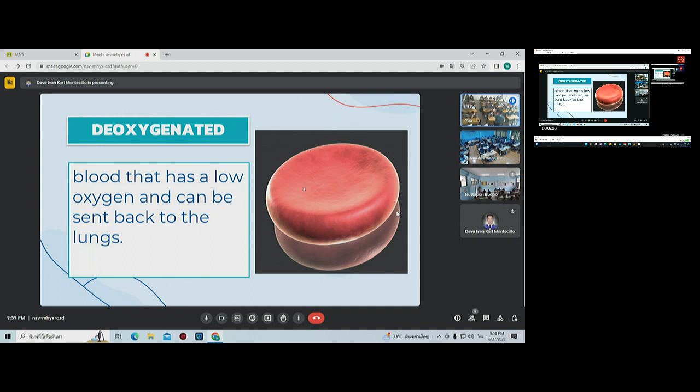And we have deoxygenated from the heart going back to the lungs. Again, what is number one? Oxygenated, blood with oxygen. Second? Deoxygenated, blood with low oxygen.